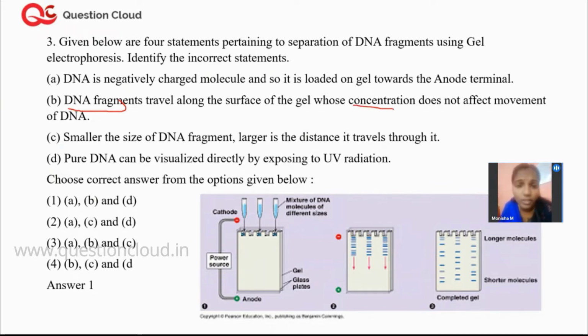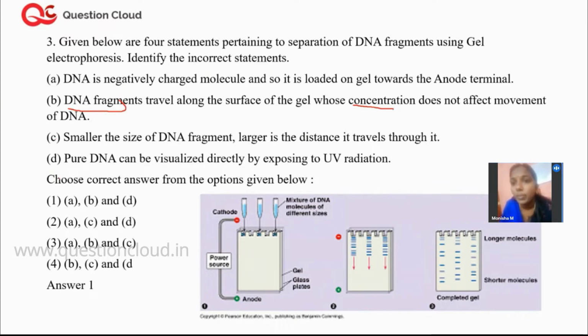Therefore, concentration does not affect the movement, so this is also a correct statement. The third statement: the smaller the size of the DNA fragment, the larger the distance it travels. Of course, whenever the size of the DNA is small, the movement of the molecule will also be faster.